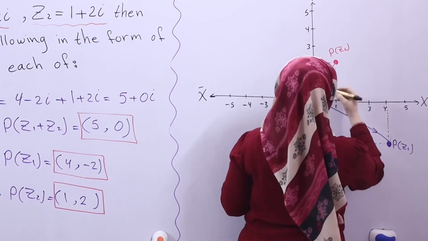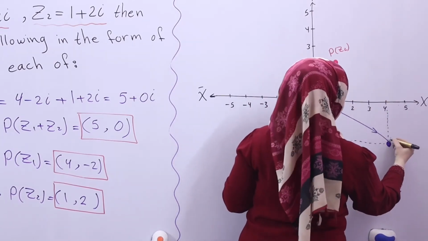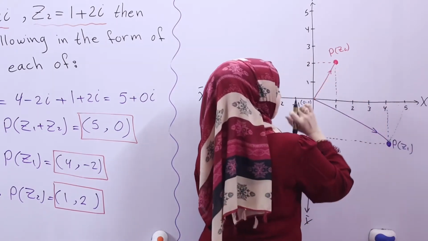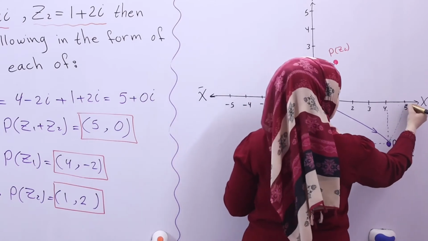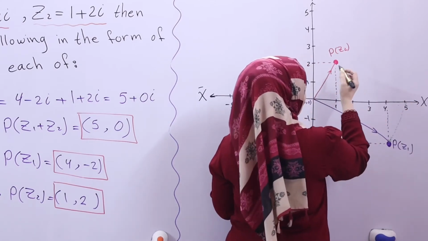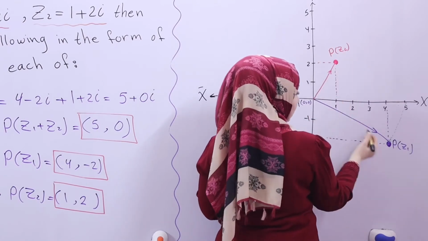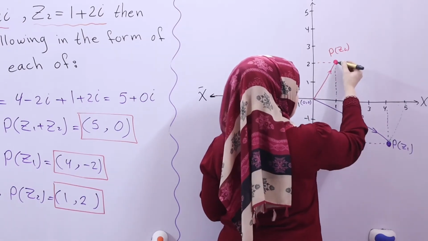So we will draw it parallel to راح أرسمه موازي للمتجه الثاني وبنفس الطول. لاحظوا اجى لهنا، ومن نهاية المتجه الثاني أرسم مستقيم بنفس طول المتجه الأول ويوازيه.